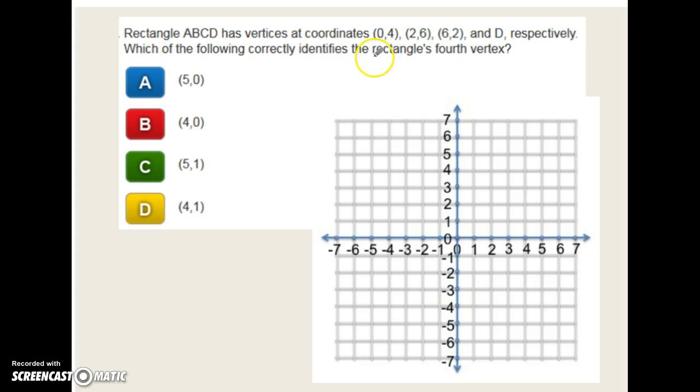Since we know this is a rectangle, the easiest way to figure out what the answer is going to be is to actually graph the coordinates. I made a quick mistake here. Correcting this, the coordinate would actually be at the point (6, 2).